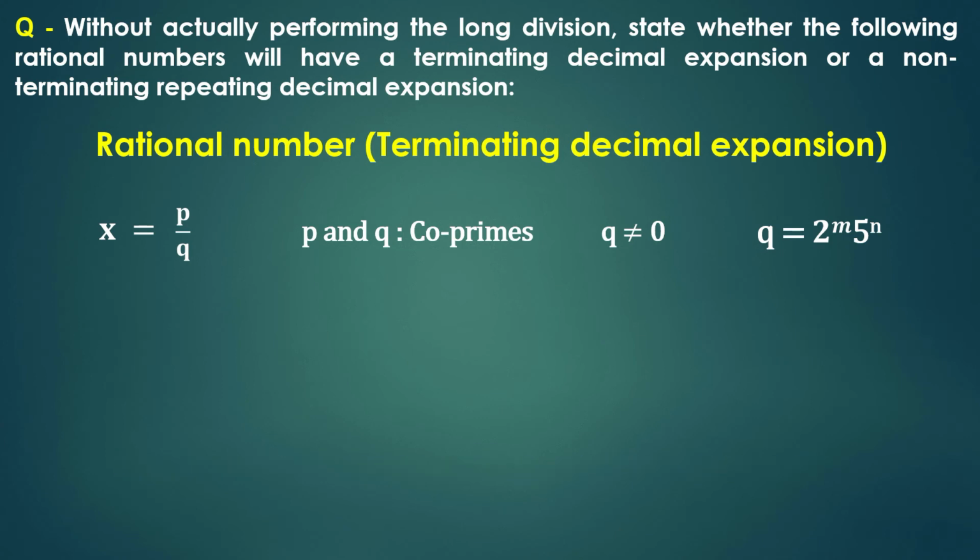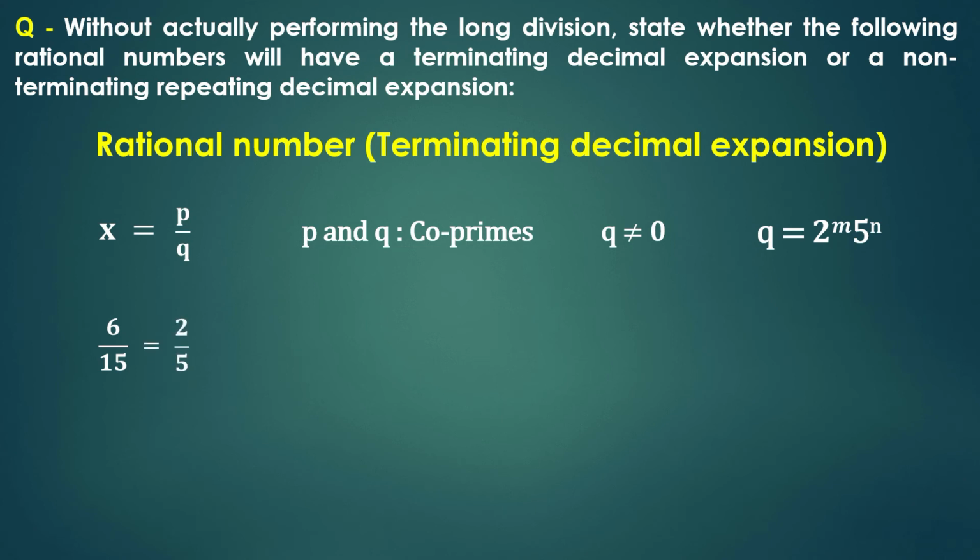Moving on to the next number, which is 6 by 15, we know that 6 and 15 are not co-prime numbers because 3 is a common factor. So, we will divide both 6 and 15 by 3 and we will get 2 by 5.